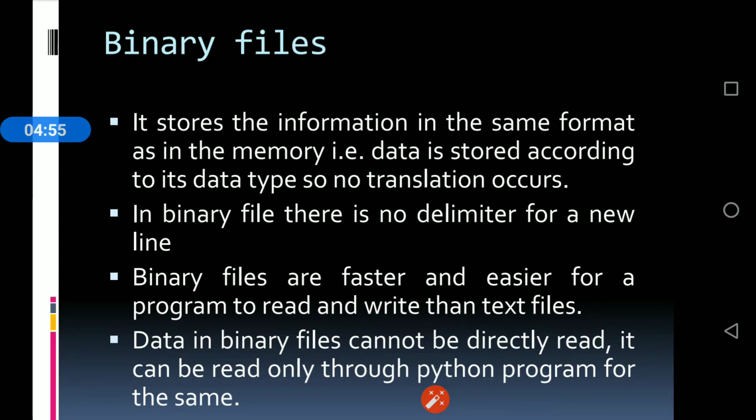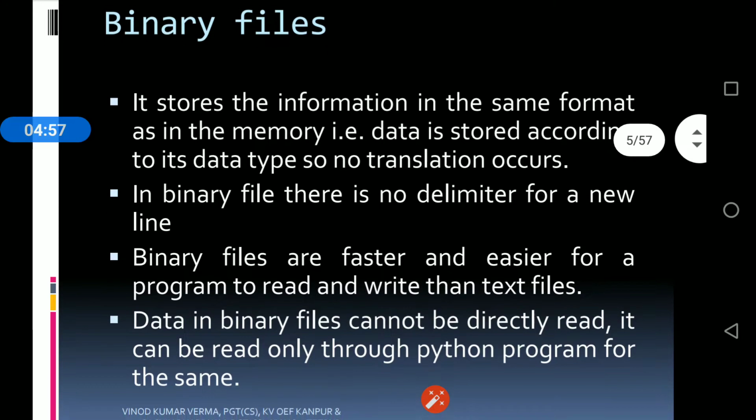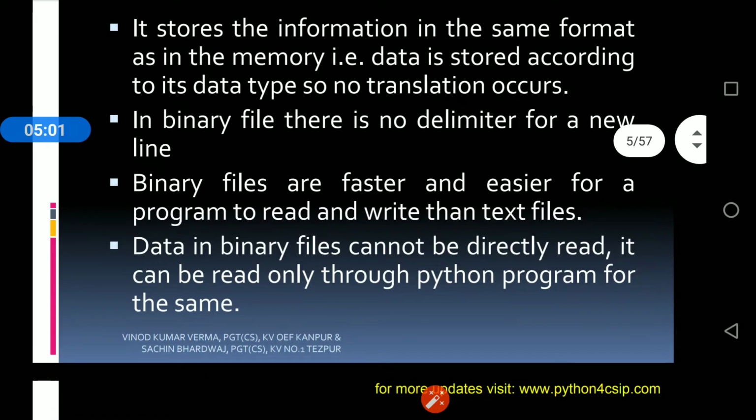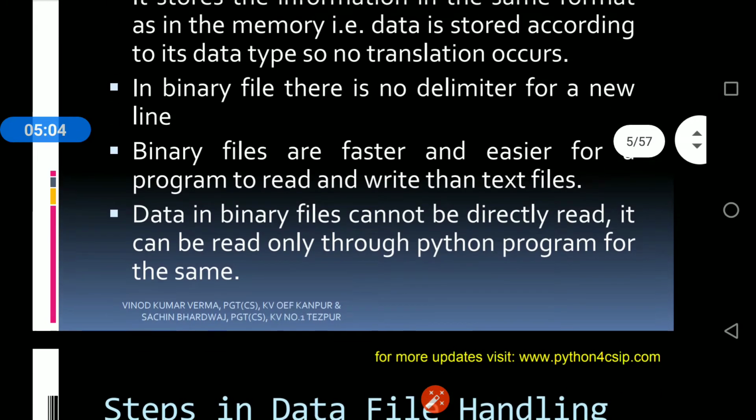A binary file does not have a delimiter, that is end of line character. It does not have anything for a new line or the same line. Now binary files are faster and easier because it saves data in the same form in which it is there, and it is easier for a program to read and write binary files rather than text files.